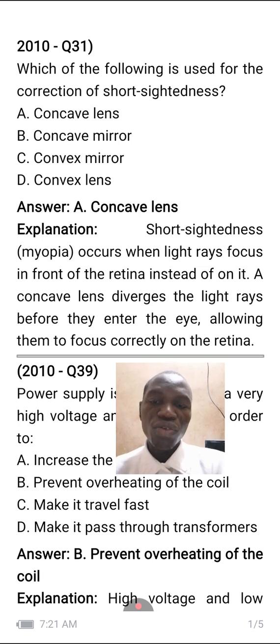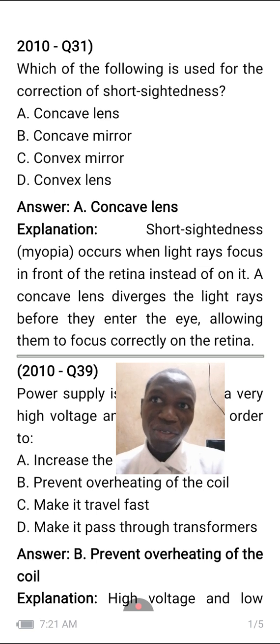Yes. So, glasses, medical glasses are given to people that have short-sightedness. And we also have those that have long-sightedness. So these are disorders when it comes to vision.